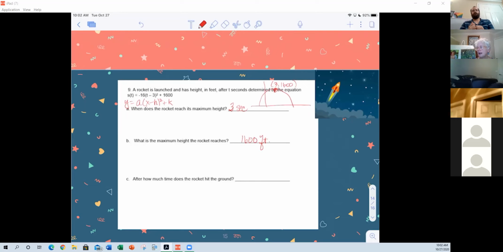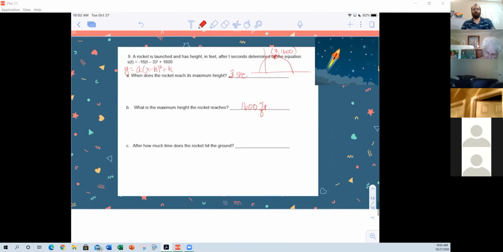Then, after how much time does the rocket hit the ground? What will we do? How would we find that? Set your original equation equal to 0. Absolutely.